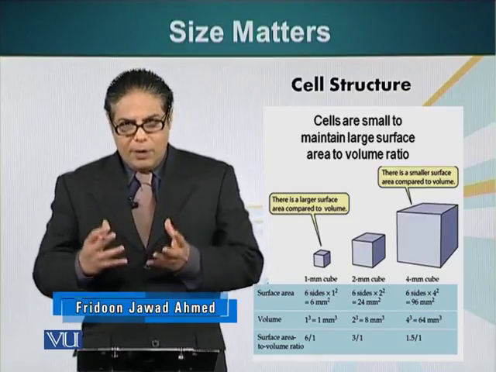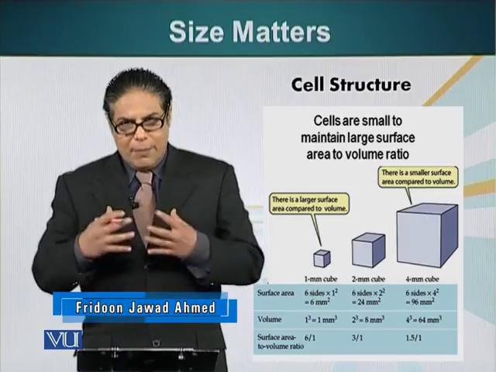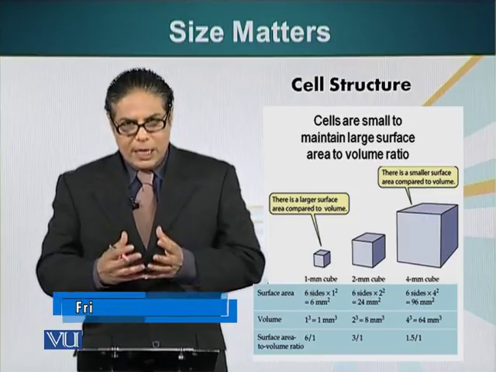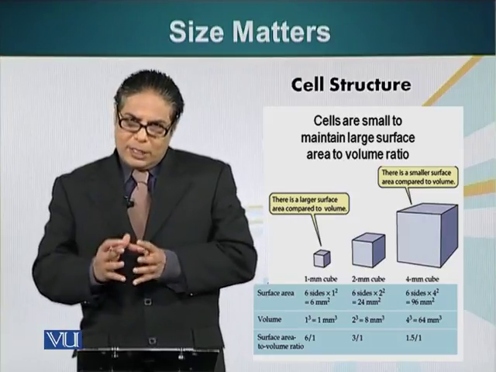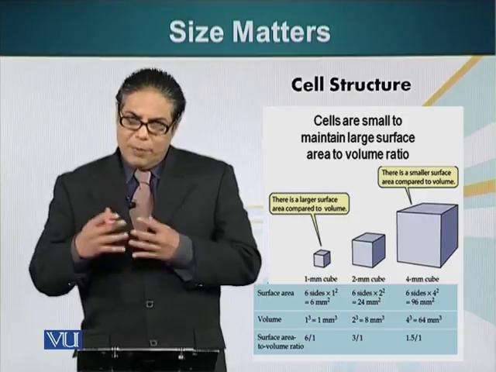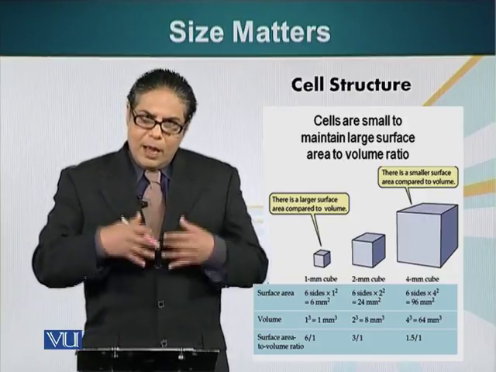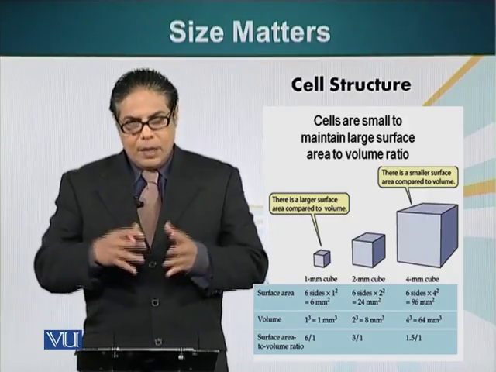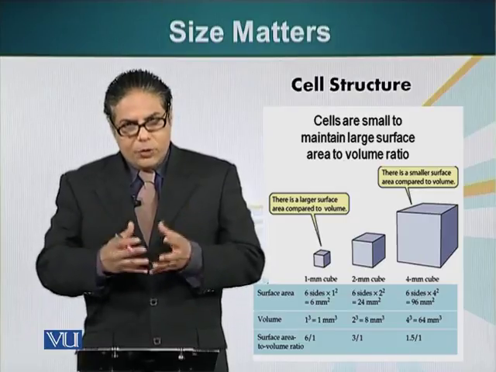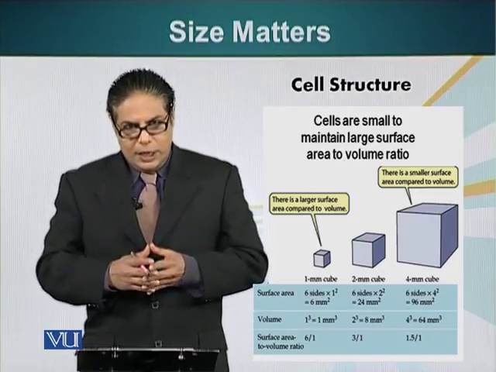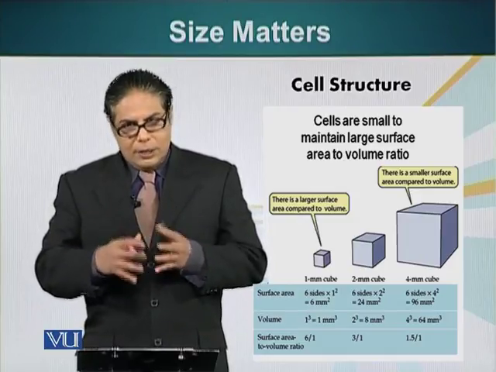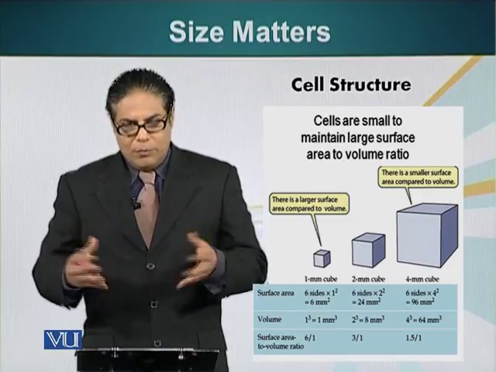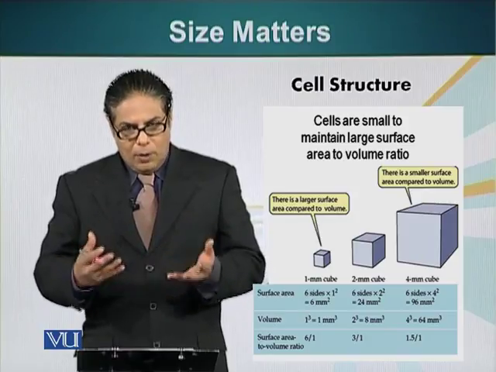Cells are small because they have to maintain a specific surface area to volume ratio. As the volume increases, so does the demand for raw materials, and also the requirement that the waste products produced by the cell during metabolism have to be released outside the cell. For example, cells need glucose as a source of energy. They burn glucose in an oxidation reaction, just like the fuel that burns in our houses or in our cars.